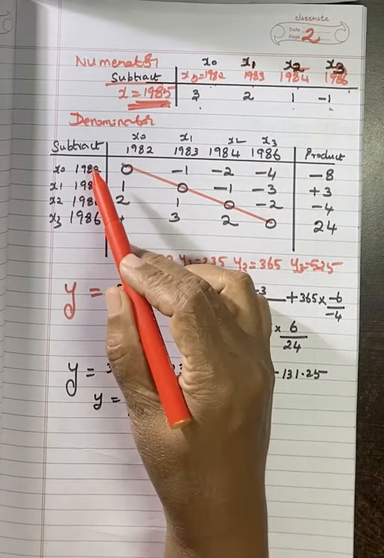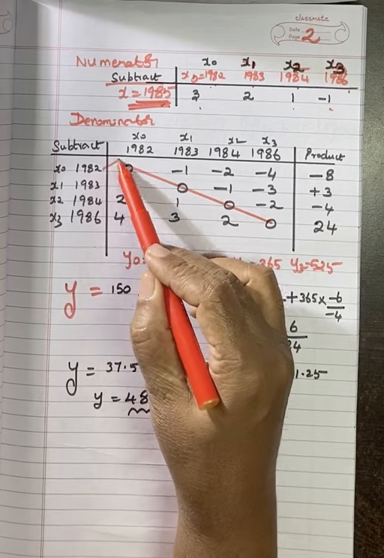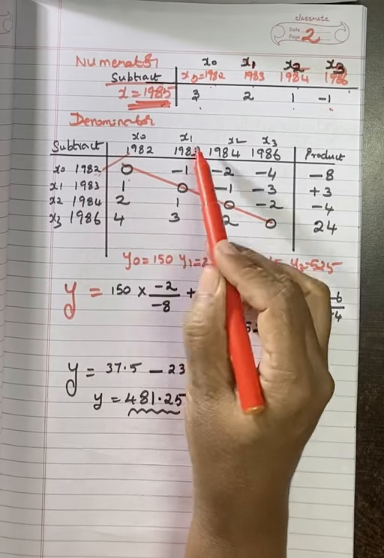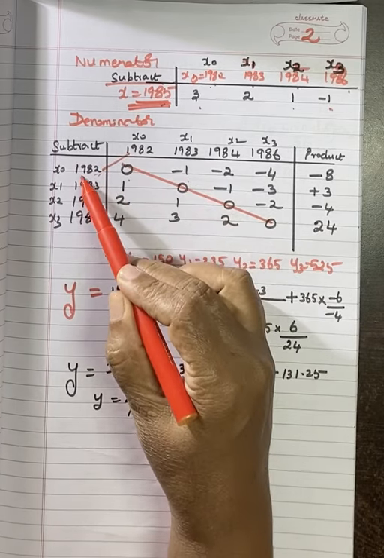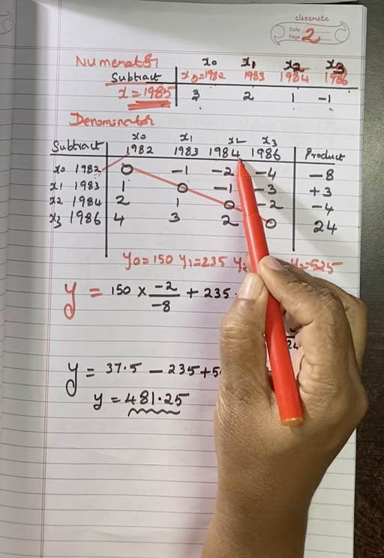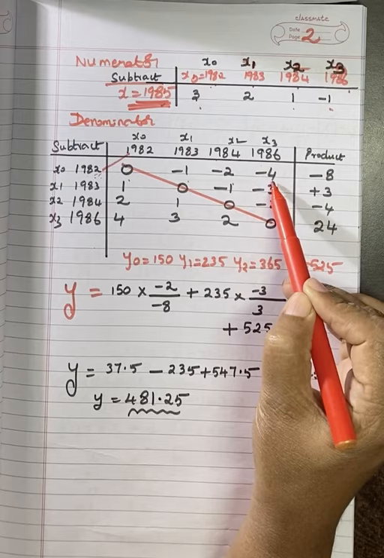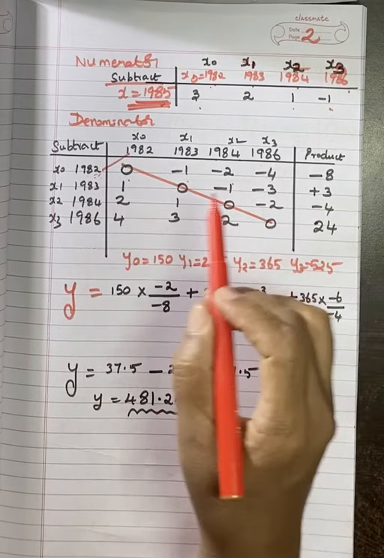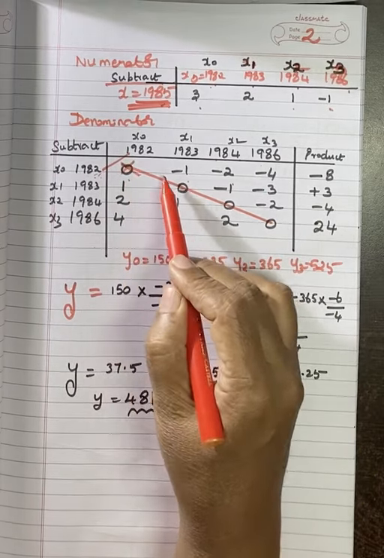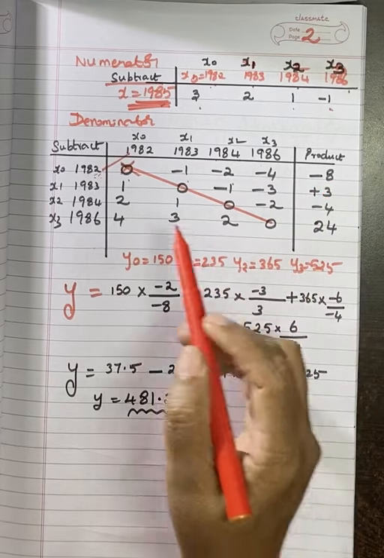I am going to subtract these. This becomes 0. This becomes minus 1. 1982 minus 1984 is minus 2. 1982 minus 1986 is minus 4. You multiply the answers, leaving the 0, and minus 8 is the answer.